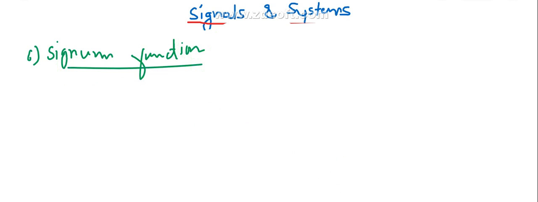How will you draw this? It is basically formed from the unit step function only. By doing some operation on the unit step function, you can get a signum function. It is indicated as sgn, sgn of t.